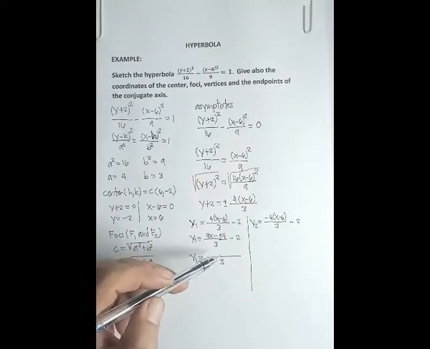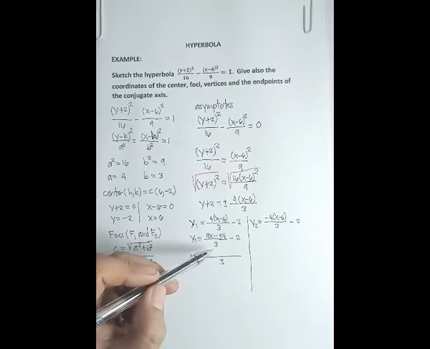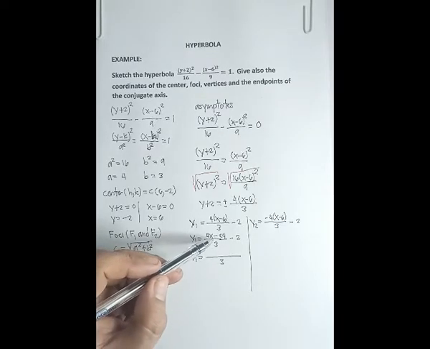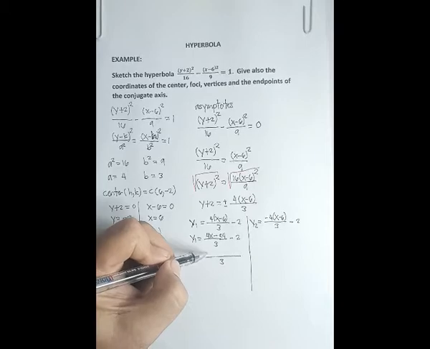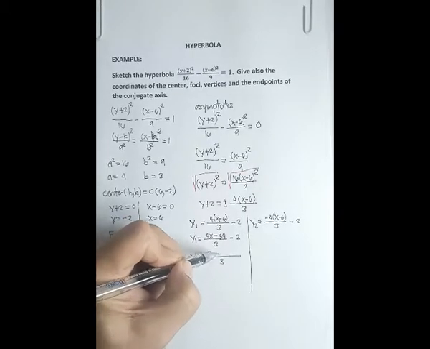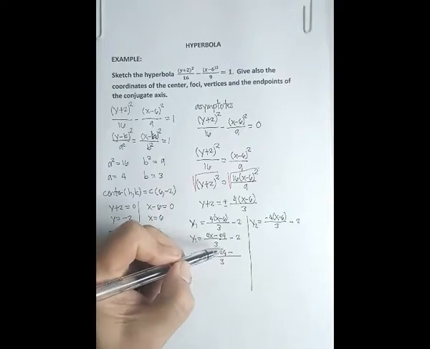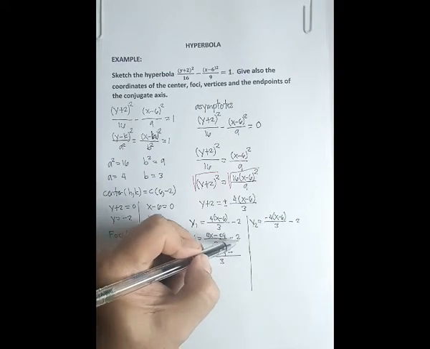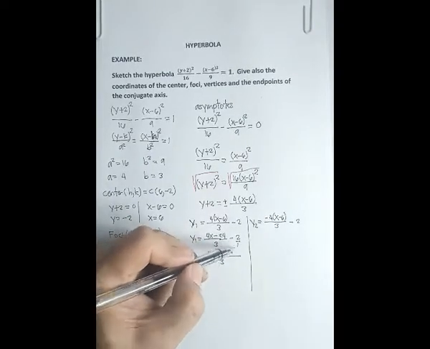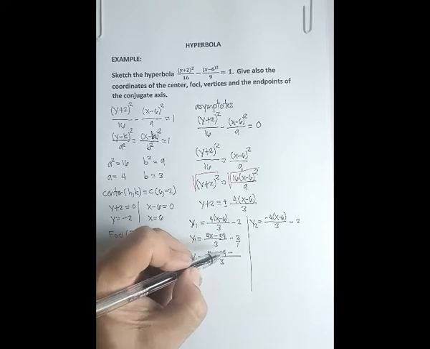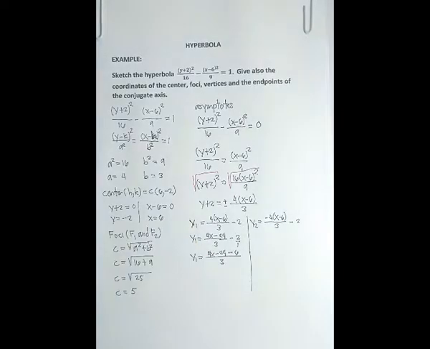Take the LCD, 3: 3 divided by 3 is 1 times 4x minus 24, minus, with the denominator understood as 1, 3 divided by 1 is 3 times 2, so 6.